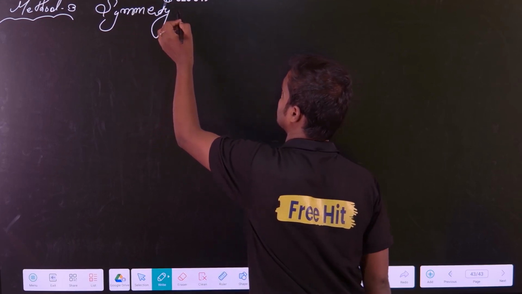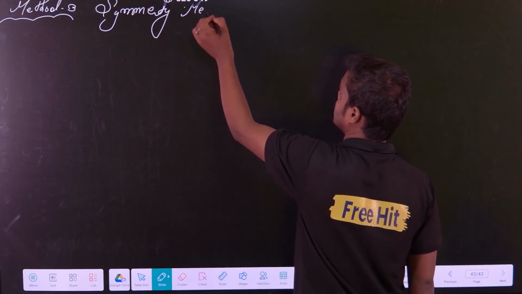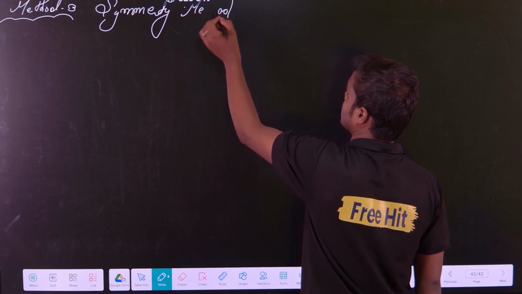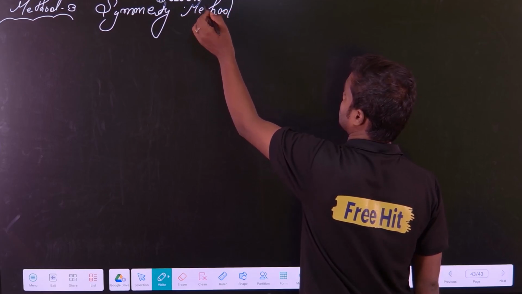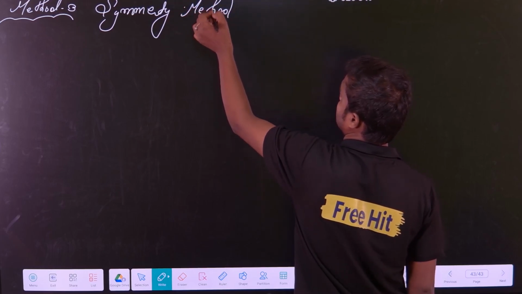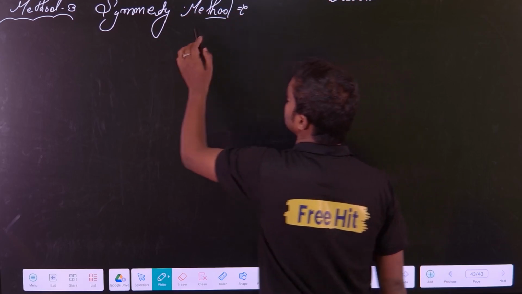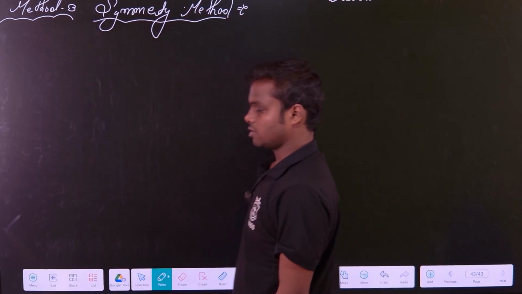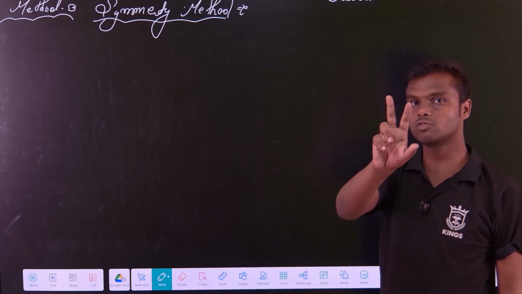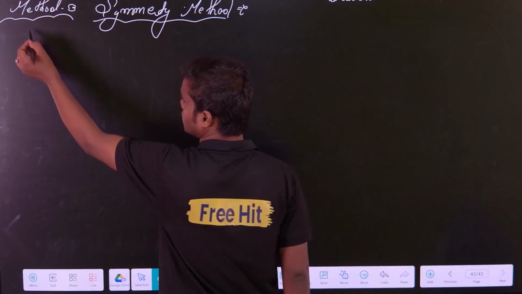Symmetry methods. Now the question is, what is that symmetry method? See, there are two types of symmetries.